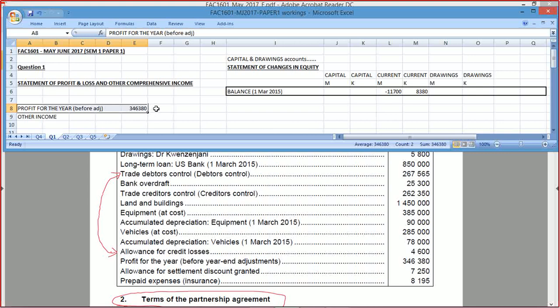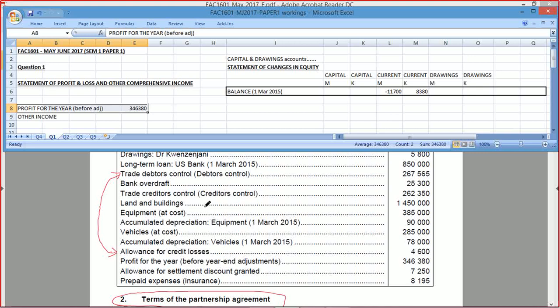Then I've got an allowance for settlement discount granted. What is that account? Discount granted. It's an allowance, so don't you have to decrease it from the profit for the year? No, it's an allowance, so again it's another negative asset type situation, because it relates to a discount that you're going to grant.